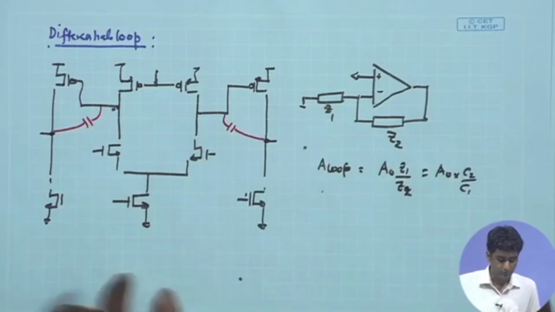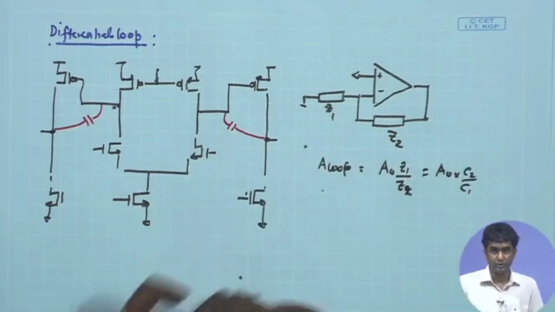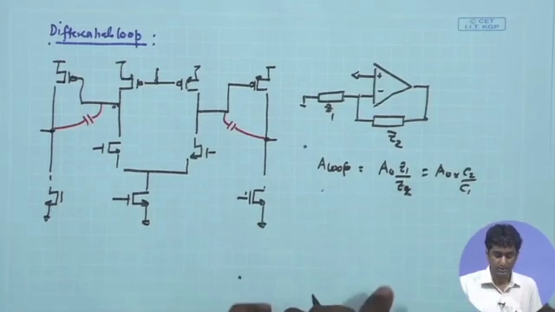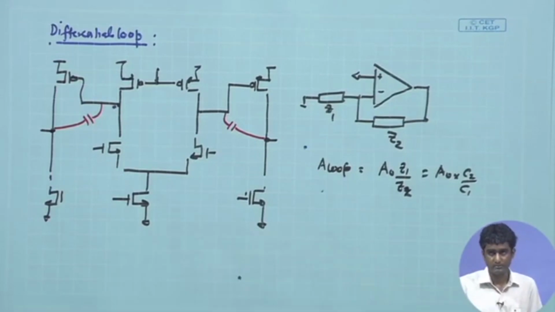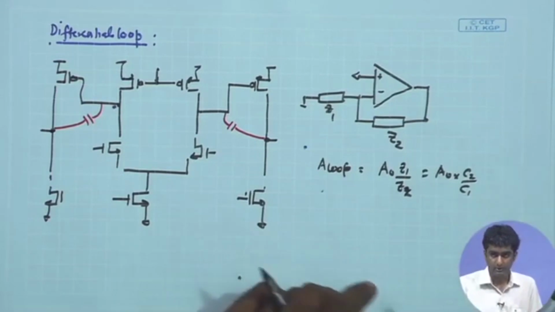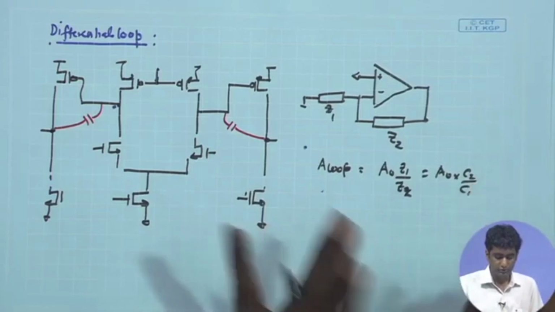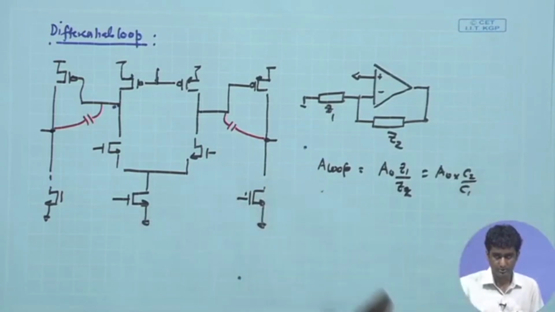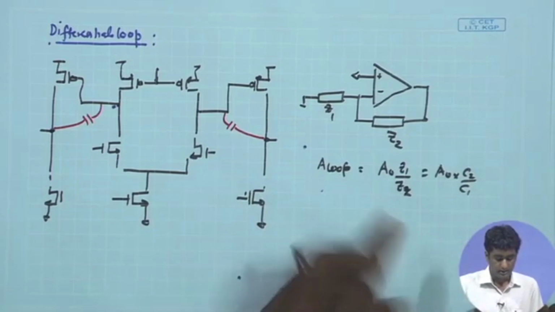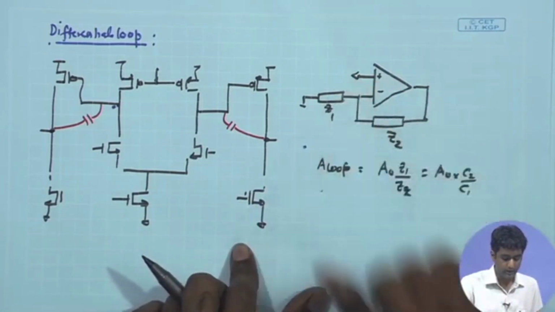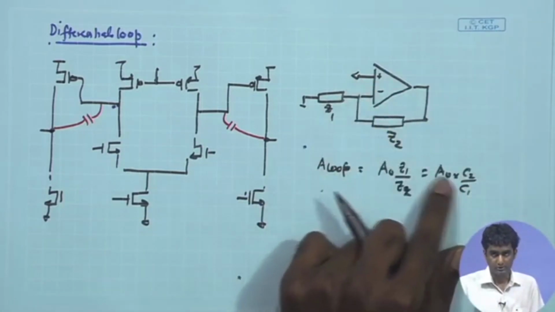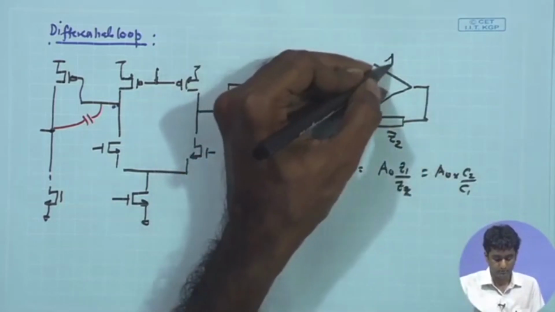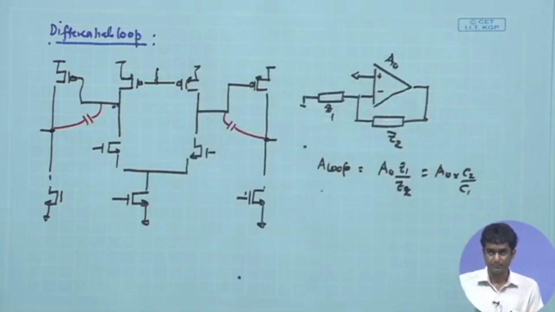If I call this C2 and C1, we know that C2 upon C1 we are choosing to be small because we want a large gain, maybe at least a few tens. So, it can be from 30 to 50 or even 100. So, we are choosing the C2 upon C1 ratio to be a small fraction, and as a result the loop gain is definitely significantly smaller, much smaller than the open loop amplifier gain A naught that we are having.